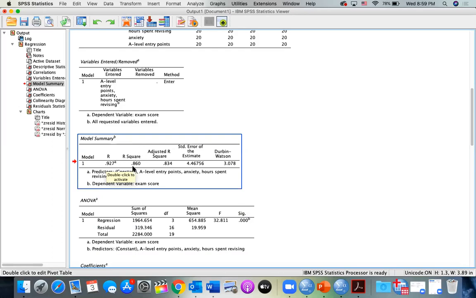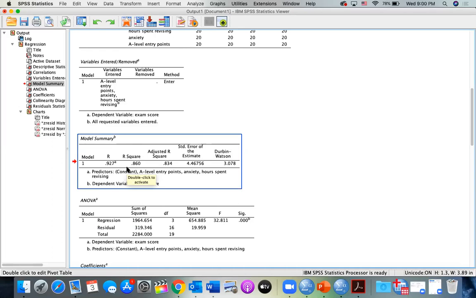So 0.86, when we convert it to a percentage, should tell us that the model explains 86% of the variation in our dependent variable. So this is how we interpret the R square value.